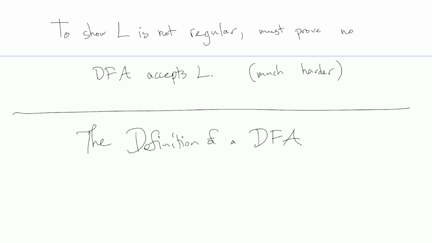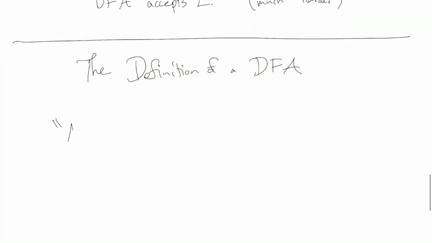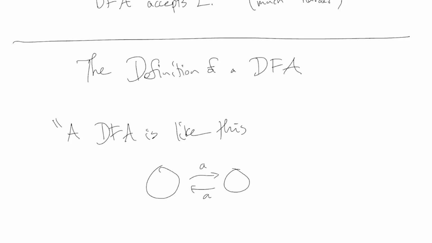One thing that ought to be, from an abstract mathematical point of view, a red flag is that when I started talking about DFAs, I just said a DFA is like this, and I started drawing stuff right away. This was the first example. It's like that.